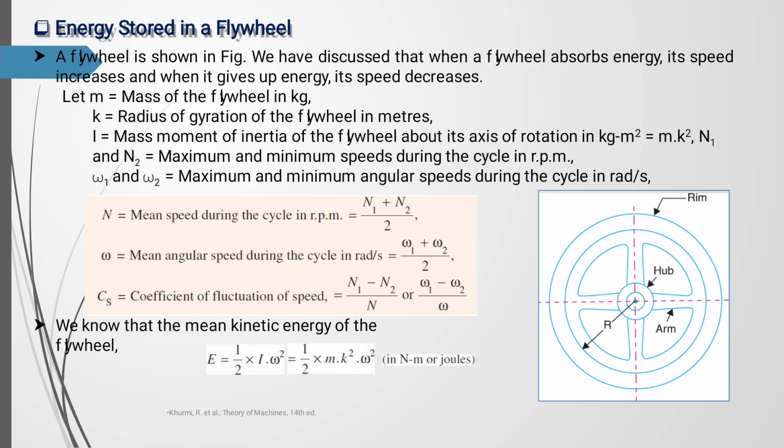Next, the energy stored in the flywheel. In what form can the energy be stored in the flywheel? I already said it is stored in the form of kinetic energy, meaning the rotational form of energy, due to the centrifugal force acting on the rim, hub, or arms of the flywheel.